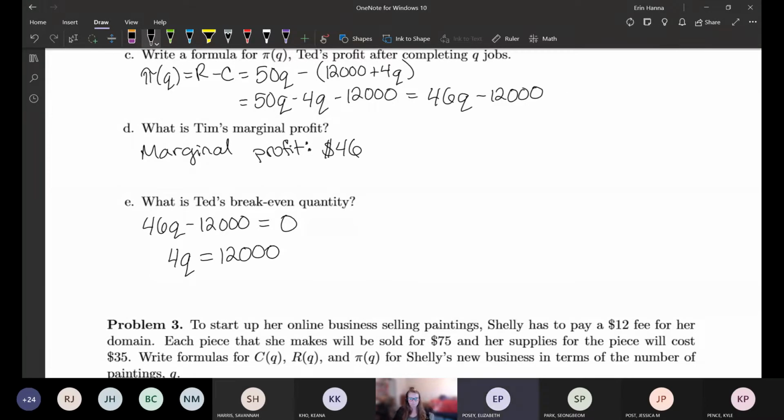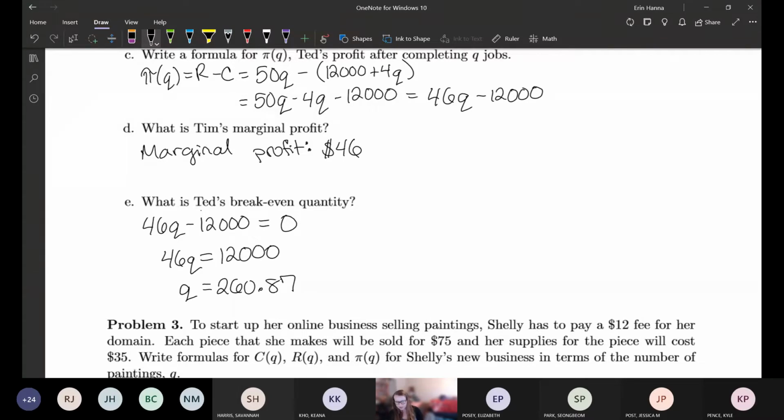I don't know why I wrote 4 and not 46. Divide both sides by 46. You will get a number that I don't know off the top of my head. What is it? 260.87.